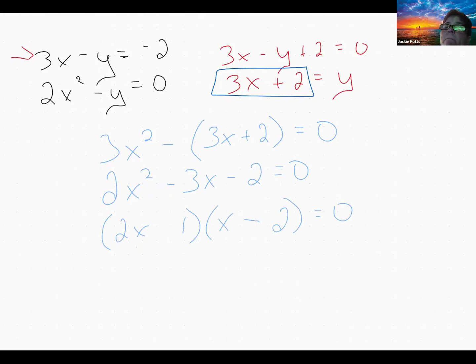All right. So x equals negative 1/2, and x equals 2. So the points that these two cross is negative 1/2 and 0, because the equation itself is set equal to 0.